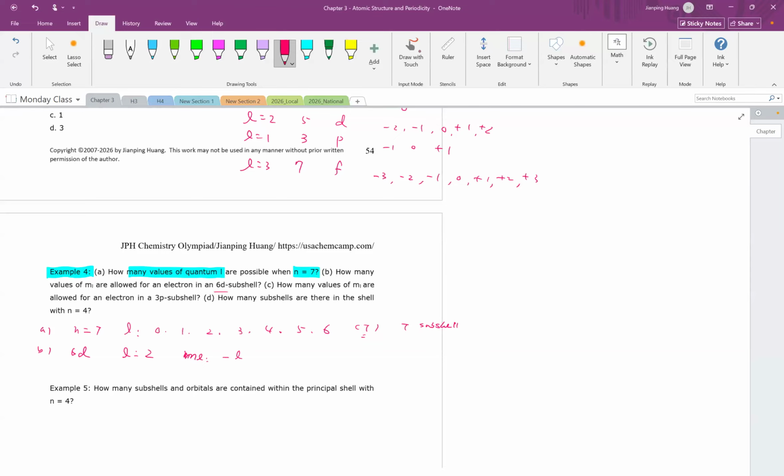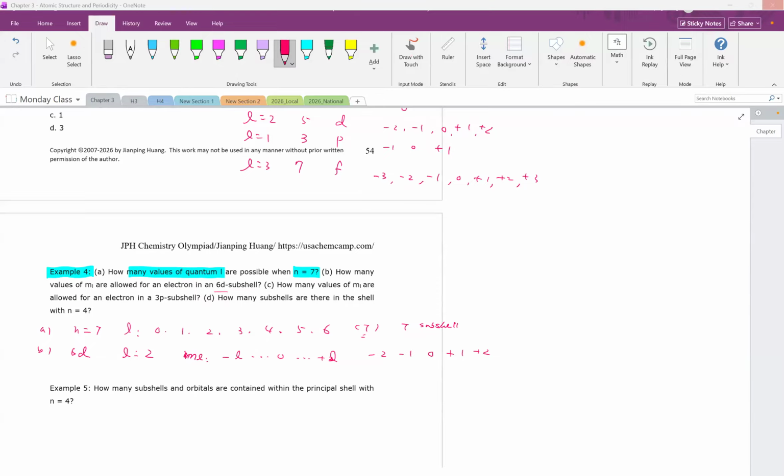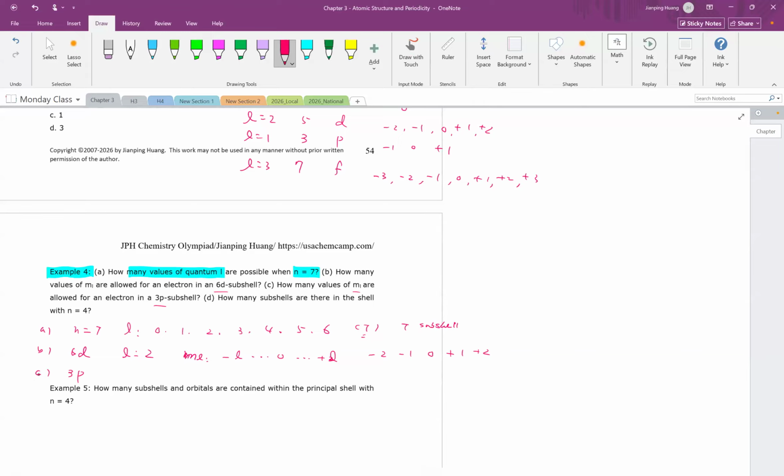ML equals minus L to 0 to plus L. So it should be minus 2, minus 1, 0, plus 1, plus 2. C. How many ML? 3p, which means L equals 1, ML equals minus L, 0, plus L. Should it be minus 1, 0, plus 1?